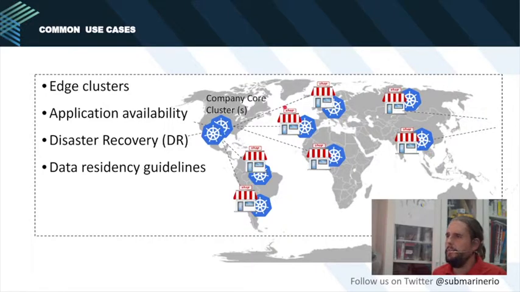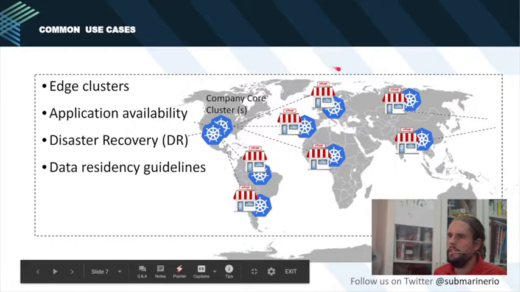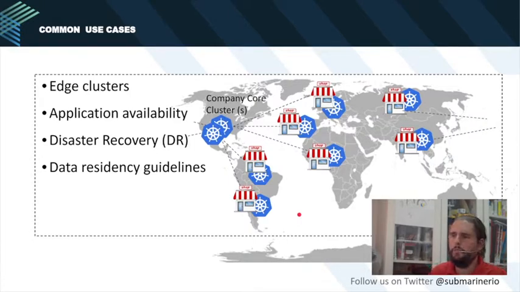In this case, I'm showing multiple shops connected to a company central cluster, and every shop, every final location, has its own edge Kubernetes cluster that connects to the company core cluster, where maybe some of the databases or central APIs for the company exist.